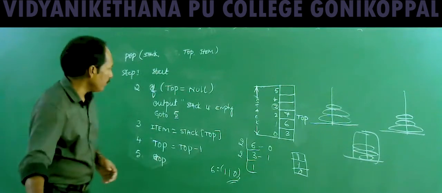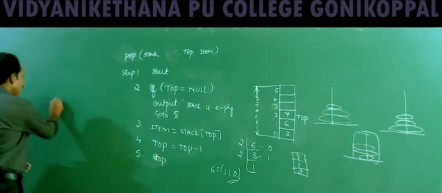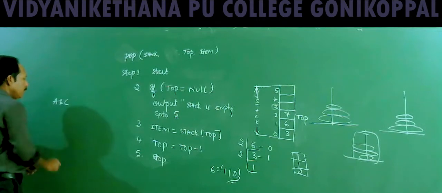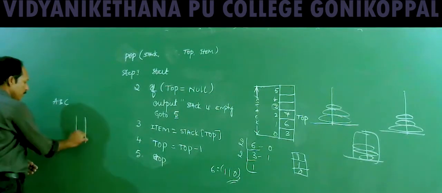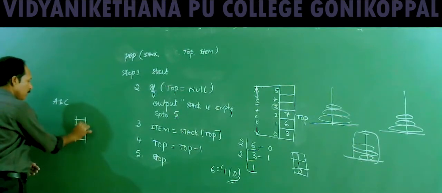Whenever you want to reverse something, say we have an ABC string and we have to reverse it, you push into the stack: this is A, then B, then C, then pop from the stack.